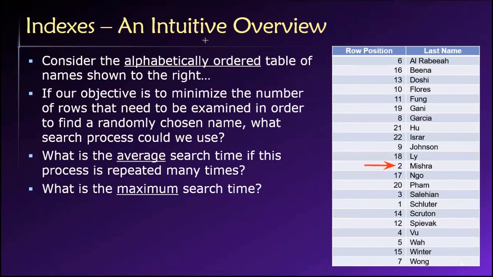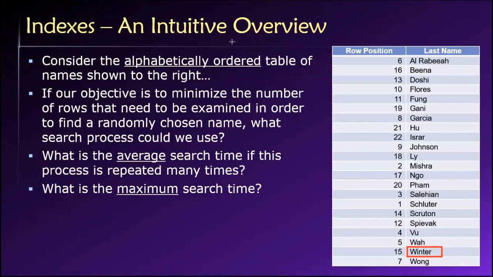So let's say that I, again, am looking for the name Winter. I'll highlight that. That was the name that we chose from the previous one, and we saw previously that we had to do 15 search operations to find Winter. Now, with this alphabetized list of data, we have just any randomly chosen name.